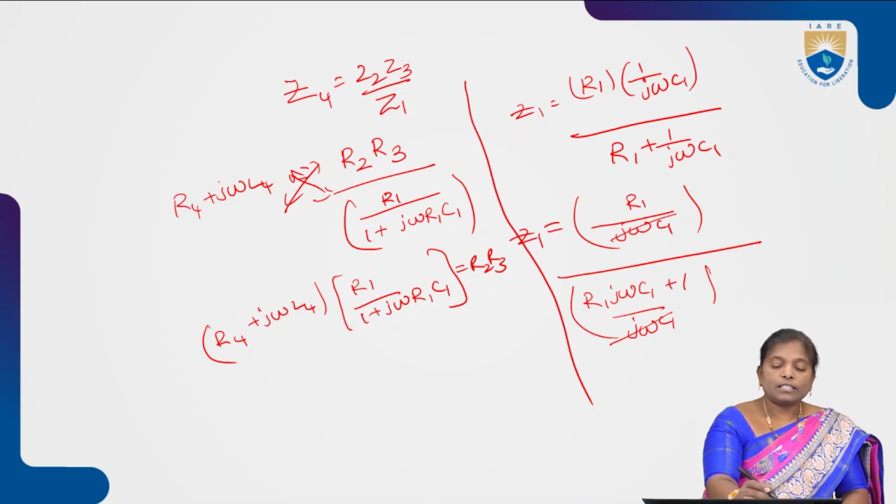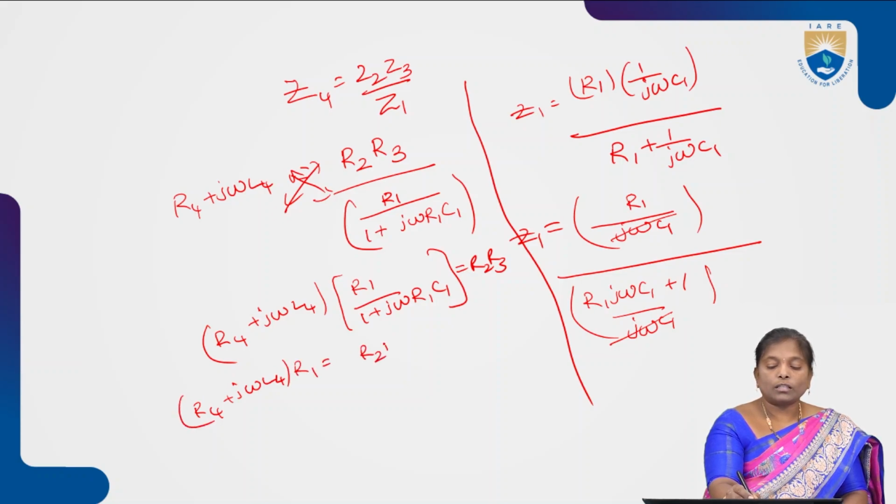Now, again simplify this expression as R4 plus j omega L4 into R1 equal to R2 R3 into, multiply this term here, 1 plus j omega R1 C1.